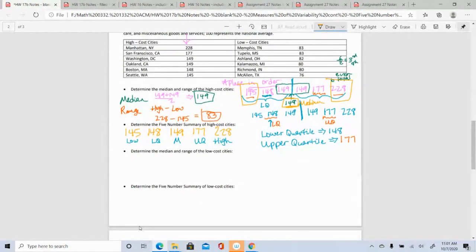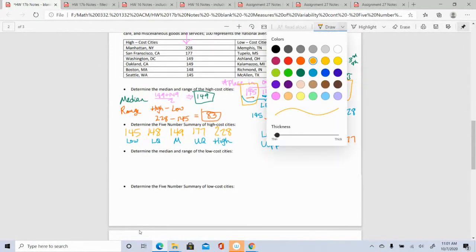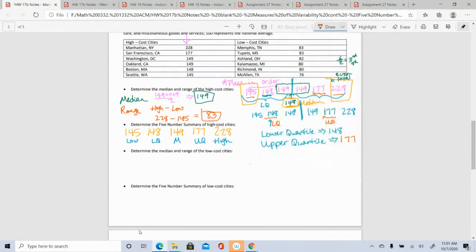Okay, so to find the median of the next one, I'm going to quickly write these in order. It looks like we're going in kind of the opposite order again. So we've got 76, 80, 80, 82, 83, 83.